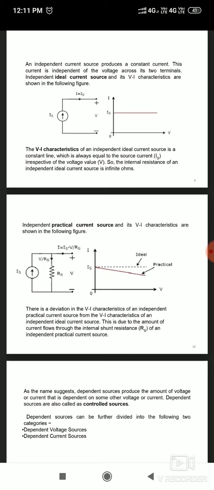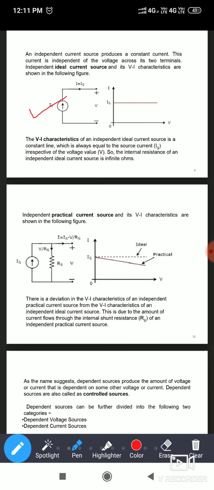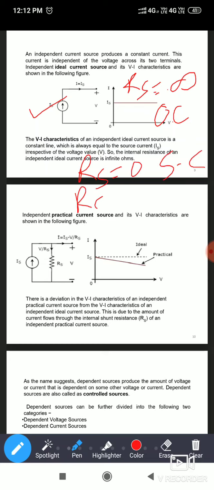For an ideal current source, the value of Rs is infinite. Whenever it is infinite, it means open circuit, that is OC, and SC means short circuit. Whenever Rs is equal to 0, we call it short circuit, and whenever Rs is infinite, it is called open circuit. These two things you can remember.